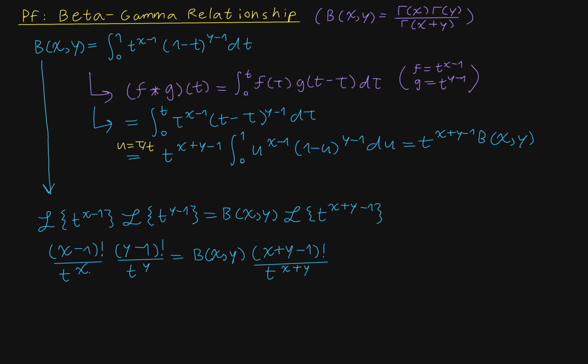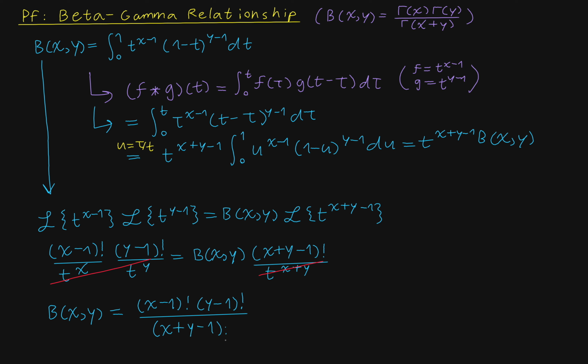Now notice that, because of the properties of exponentials, we can bring these two together as a sum, t to the x plus y. So these denominators are going to cancel. Now we have an expression just for the beta function in terms of factorials. If we rearrange this, we get beta function of x and y is equal to x minus 1 factorial times y minus 1 factorial, all divided by x plus y minus 1 factorial.